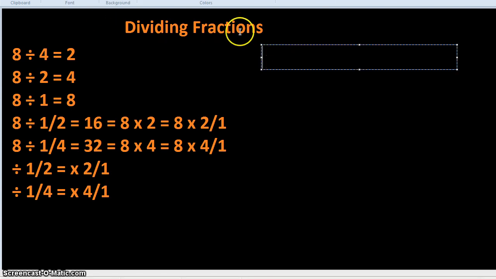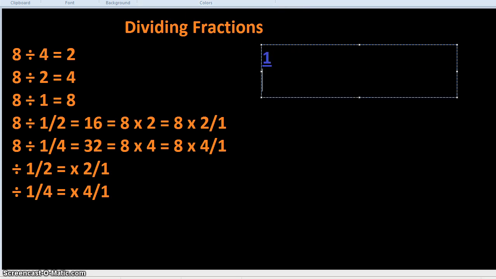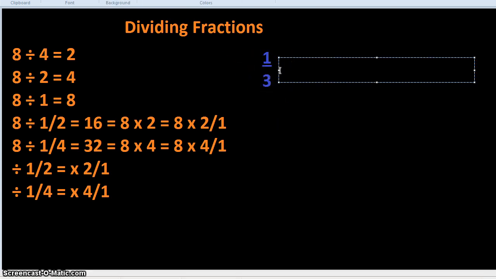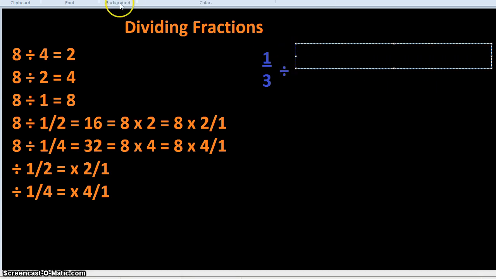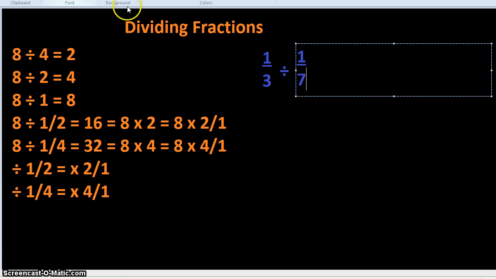So I'll give an example. If we have 1 over, let's say, 1 over 3, and that is going to be divided by 1 over 7.